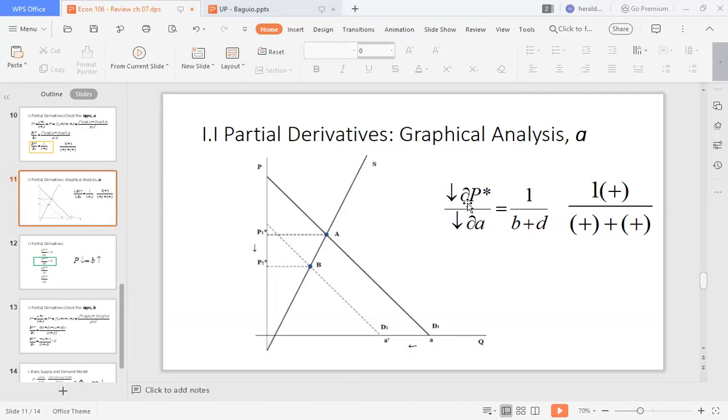Okay. Now, before I proceed to the next one, do we have a question, class, specifically for a change in the parameter A? Okay, so this is just another application of the partial derivatives.